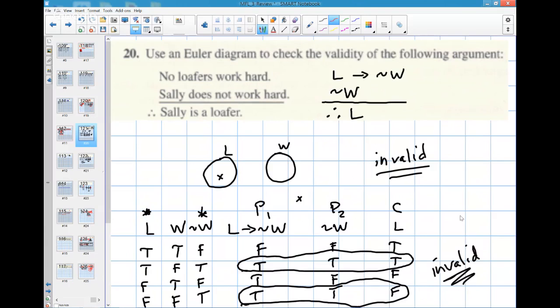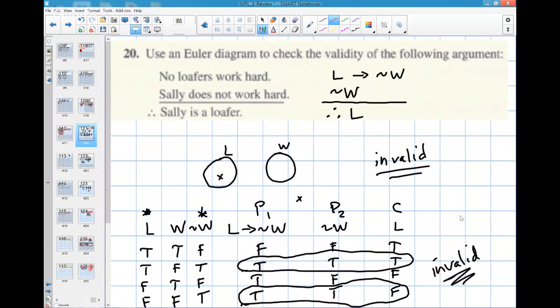And to me, that's a more straightforward way of saying it. And Sally does not work hard, so not work hard. Now, the conclusion is Sally is a loafer. So what I wrote there on the right side, that's the argument in symbols. We still don't know if it's valid or not. Now, the problem said use an Euler diagram to check it.